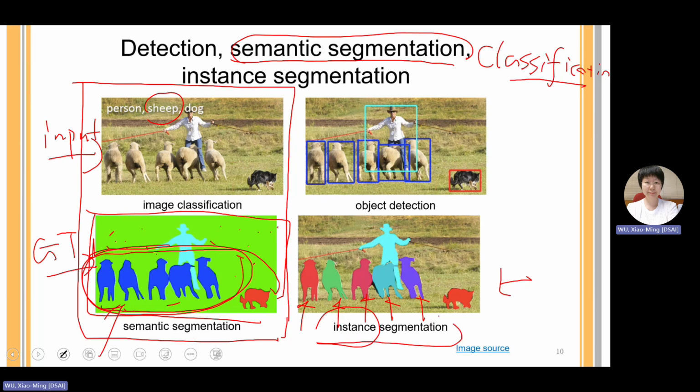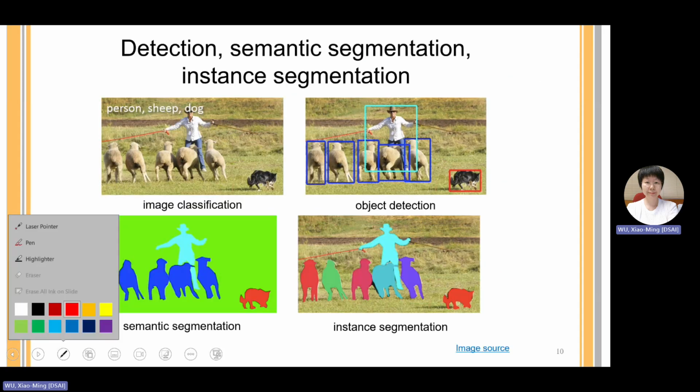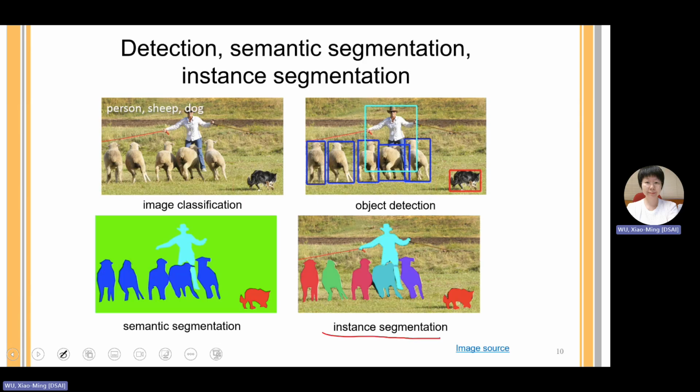In instance segmentation, in addition to recognizing these sheep as the sheep class, we also need to assign an individual ID to each sheep.